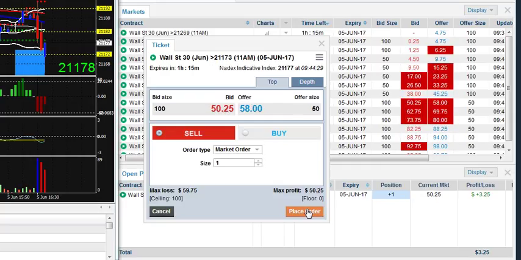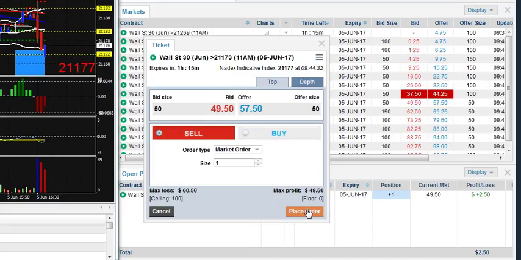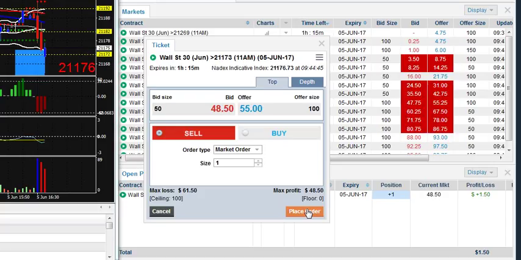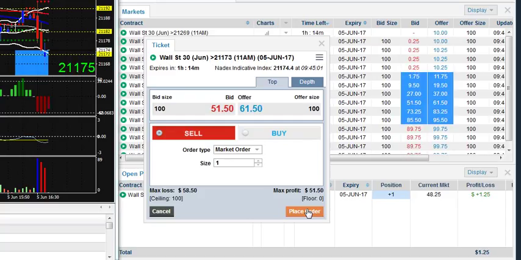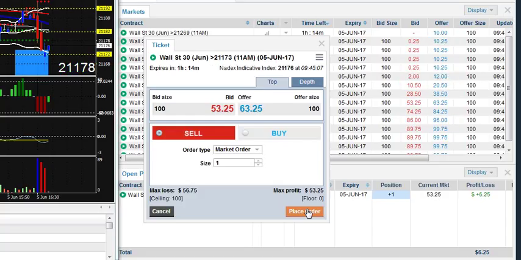We're getting a little bit of that pop here. We really need a nice bounce because we have an hour and 15 minutes on this contract, and I've really only been in this a couple of minutes, but I'm trying to give myself some time to see that we can get above our strike, which is 21,173.